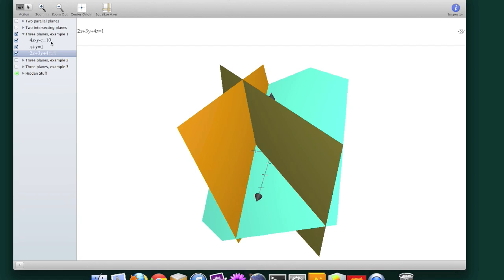I should say these three equations. These planes are the graphs of these three equations, and their mutual intersection point, this one single point, is the solution to this system. So let's look at some other ways that three planes can interact.